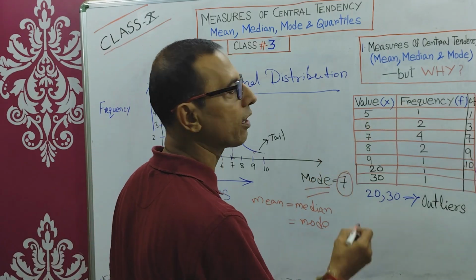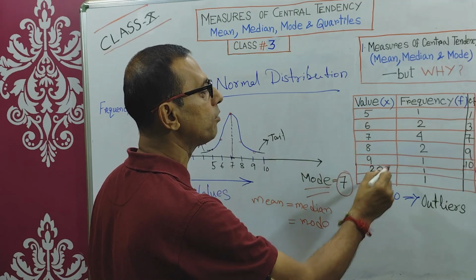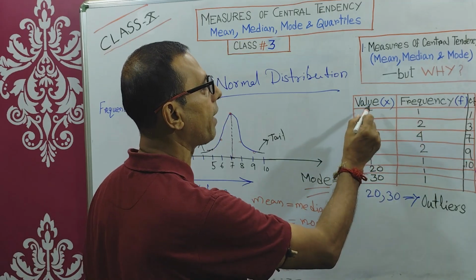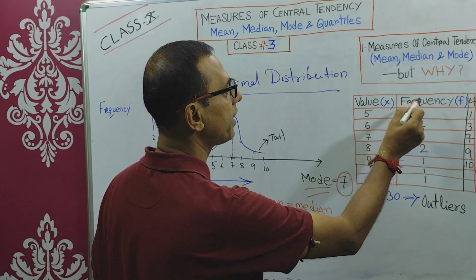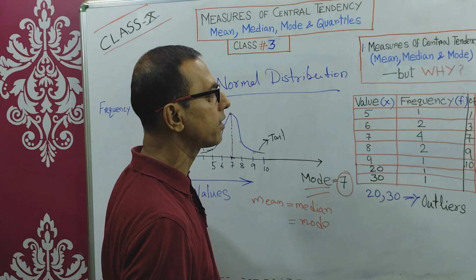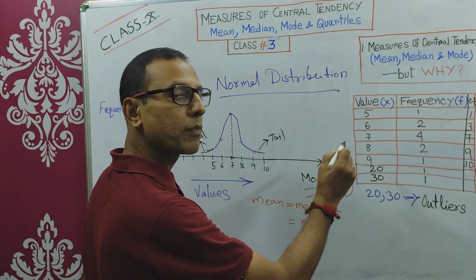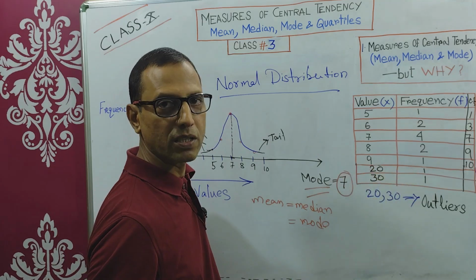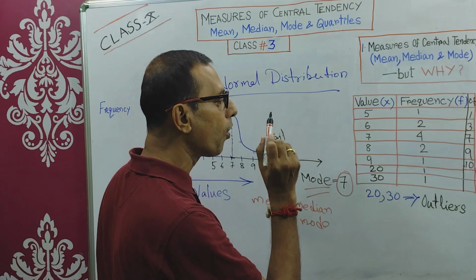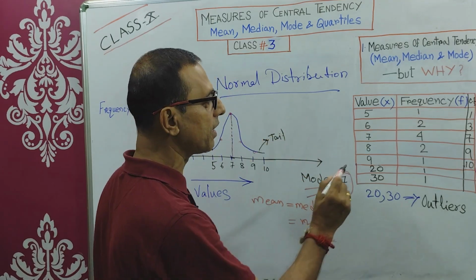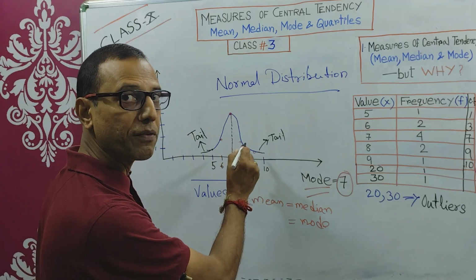Because while calculating the mean, you consider all the observation values along with their frequencies. You multiply all the observation values with their frequency, sum up the entire set of numbers, and divide by the total number of observations or frequency. So the mean will have a significant impact if outliers are present. I will show you graphically how it happens.